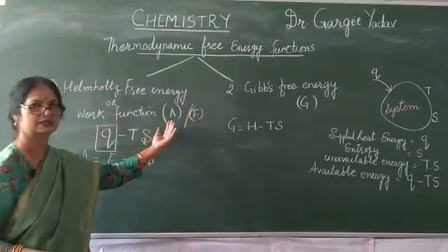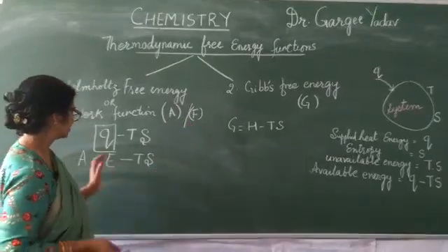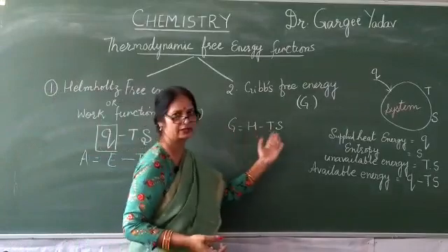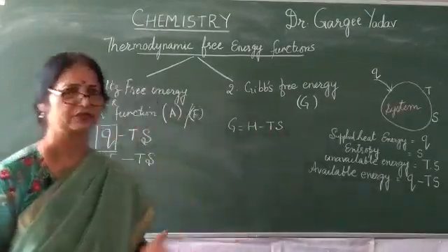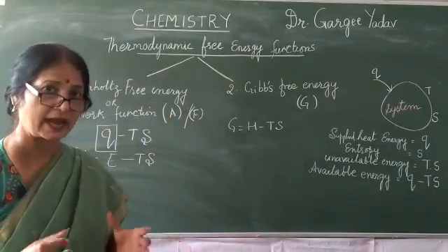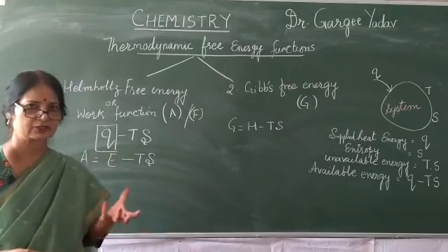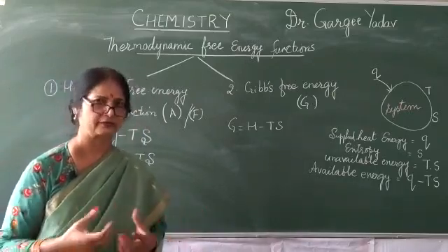In German, A stands for Arbeit, and Arbeit stands for work. So A is equal to E minus TS, and G is equal to H minus TS. Moreover, both these free energy functions are state functions and they are extensive properties. State functions, as you all know, depend only on the initial state and the final state.